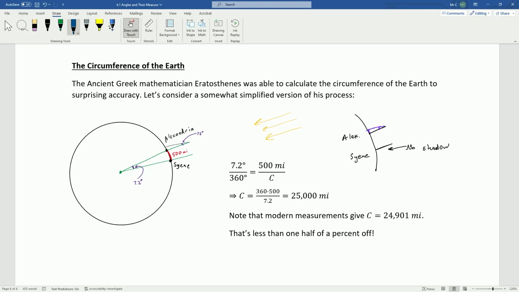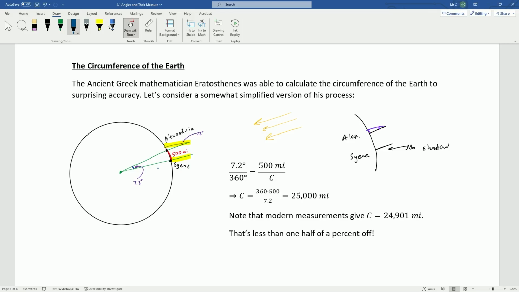Because by the time the rays of light from the sun get to Earth, they're essentially moving parallel to one another, we can consider these two rays of light as being parallel. So the shadow cast here is going to be the same angle that gets formed here, because these are opposite angles across parallel transverse lines.